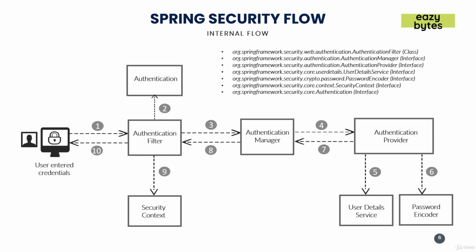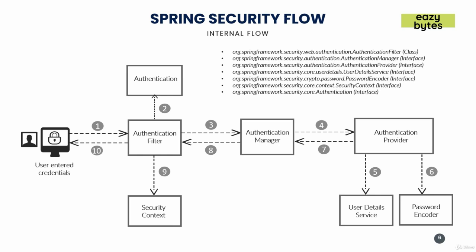Based upon all such scenarios, you will implement your security validation logic inside your authentication provider. The authentication provider in turn will use two other interfaces: one is UserDetailsService and the other is PasswordEncoder.